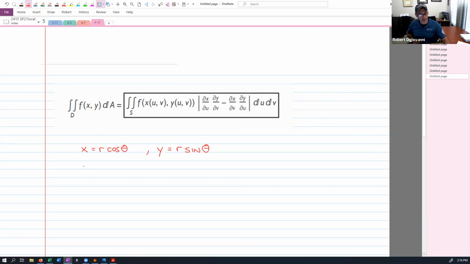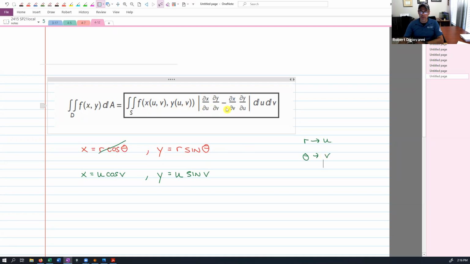And then I'm going to say, okay, forget that for now. Instead, I'm going to do this. X is u cosine v, and y is u sine v. So in other words, I'm replacing r with u and theta with v, just so that it matches up with the formula I have up here. All right.